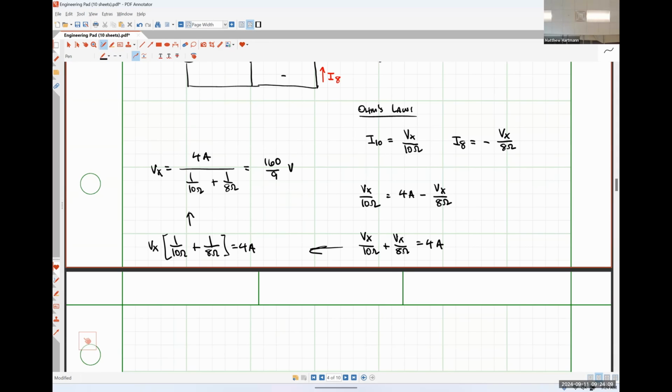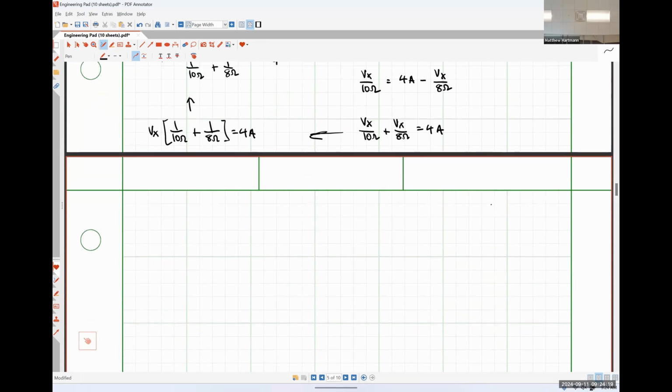All right, so how do you guys feel about Kirchhoff's current law? Fairly okay. So let's look at one other thing really quickly involving KCL. Let's say that I have a 3 amp current source like so, and then a 5 ohm resistor, and then an 8 ohm resistor.